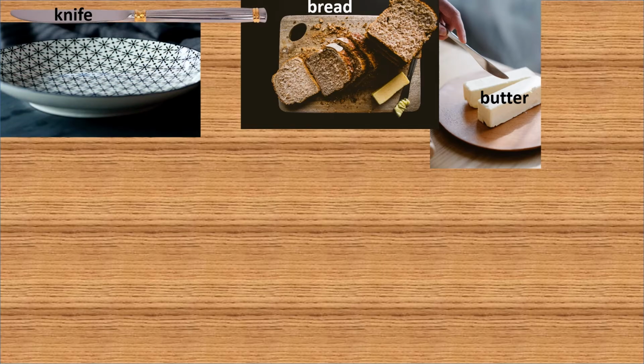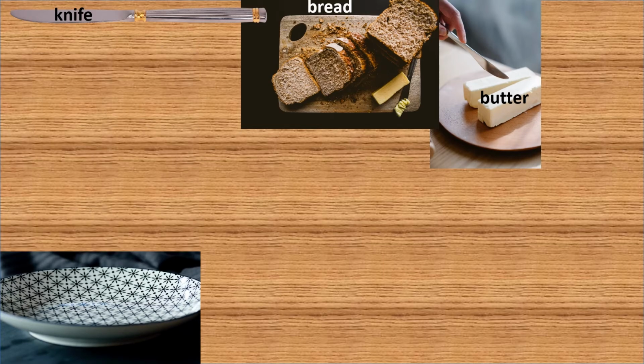Okay. Next object. And when you eat, you put food on this. Do you remember what this is called? This is called a plate. Okay. Hope you got that right. Next object. Okay.